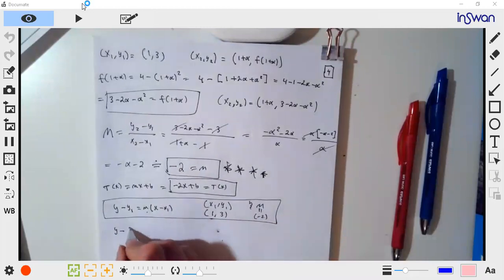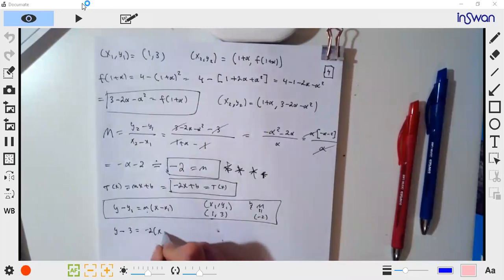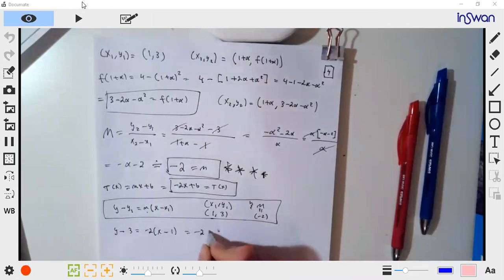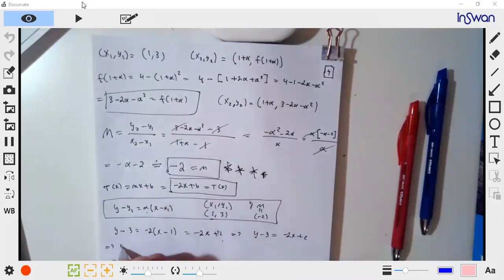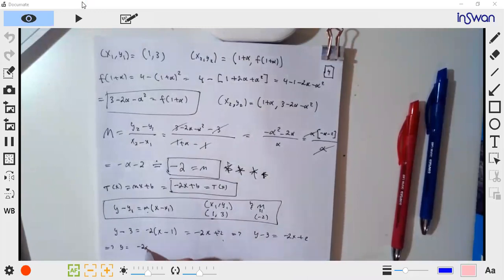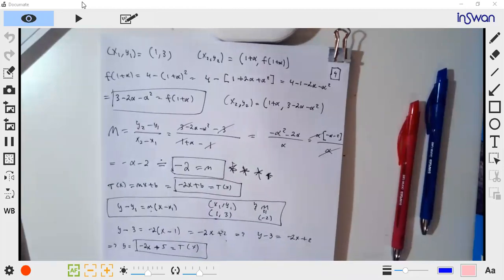So y minus 3 is equal to -2 times x minus 1. This equals -2x plus 2. That implies we get y minus 3 is equal to -2x plus 2. That implies that y is equal to -2x plus 5. And, you know, we can call that our t of x. That's precisely the tangent line. So now we know that is the equation of the tangent line, and we found the slope as well.